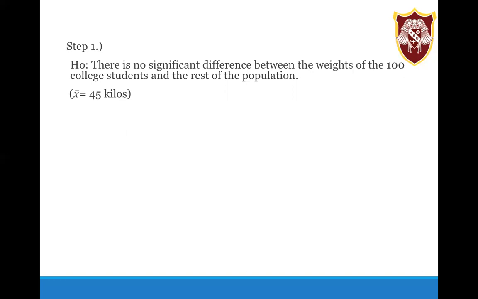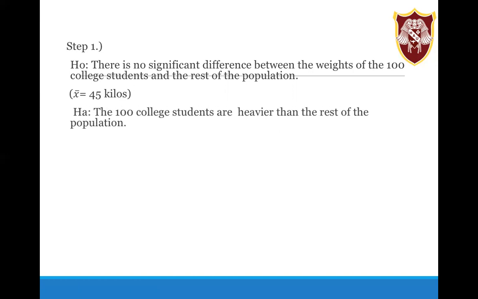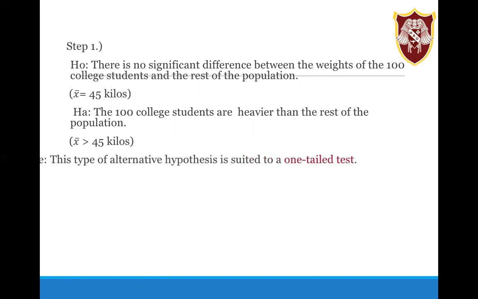And the population mean is 45. And then for our alternative hypothesis, we state that the 100 college students are heavier than the rest of the population. So in symbol, that means the sample mean of 47 is greater than 45. So again, since we use a greater than symbol, this indicates that the test is one-tailed test, okay?